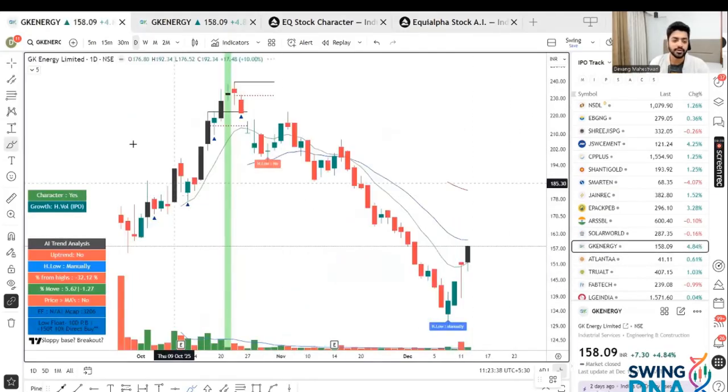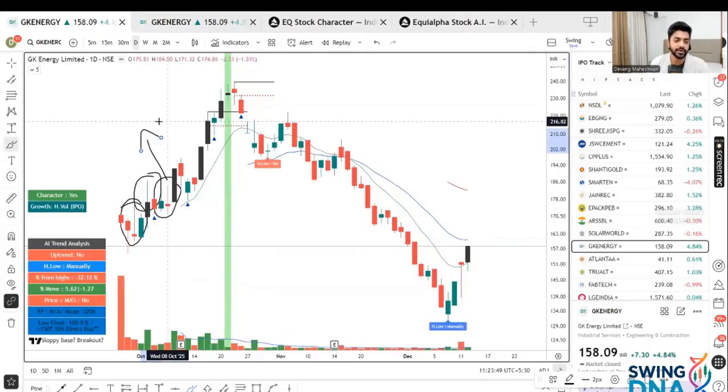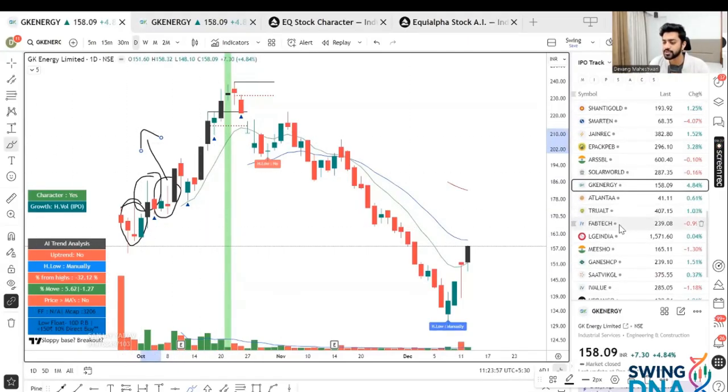JK Energy, look up here, high wick, high reversal, and such an initial move makes it difficult for trading. Okay, it makes it difficult to actually trade them in the initial days, because these are just too quick.